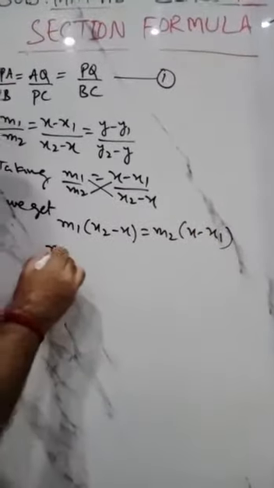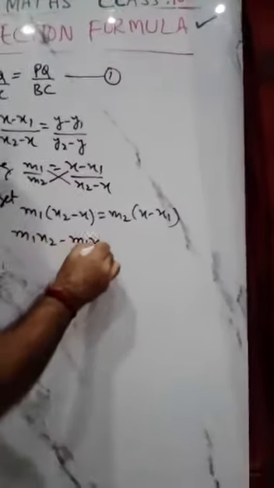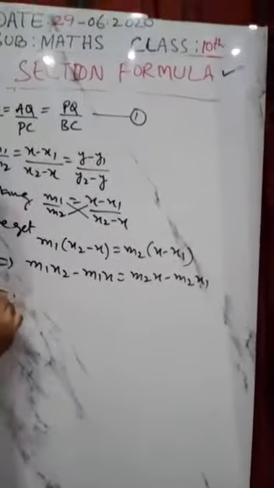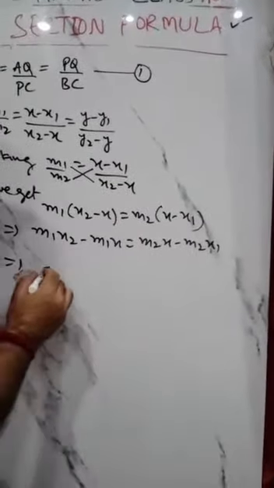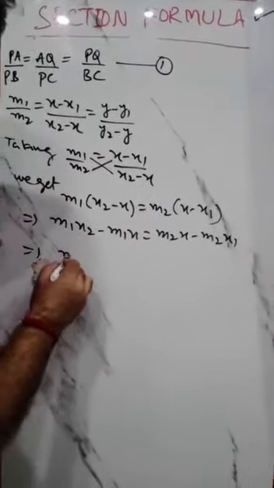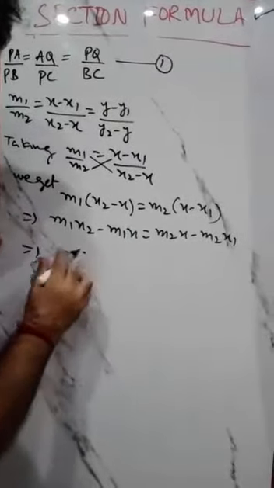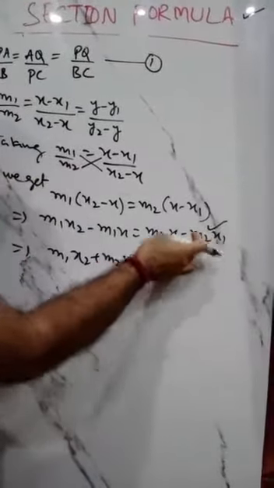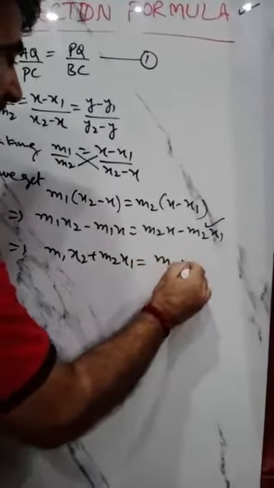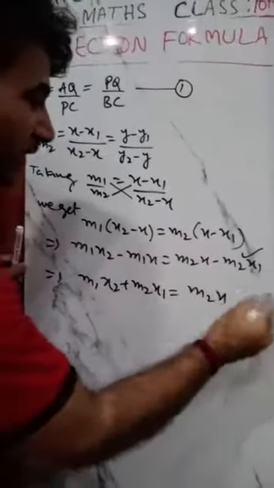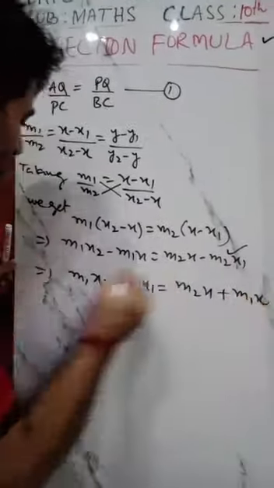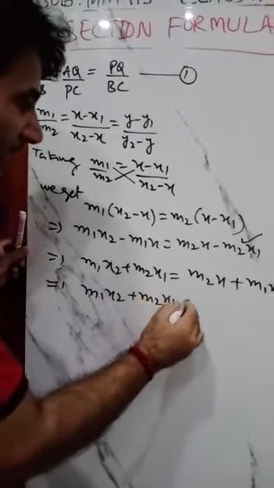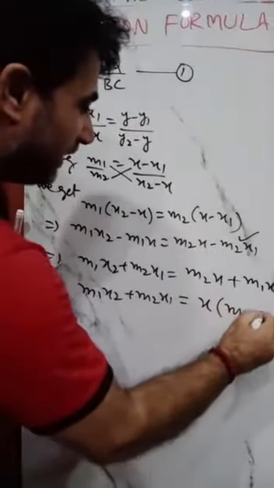So we get m1x2 minus m1x equal to m2x minus m2x1. Transposing m2x1 to the left side and m1x to the right hand side, we get m1x2 plus m2x1 equal to m1x plus m2x. Taking x common, we get m1 plus m2 inside.